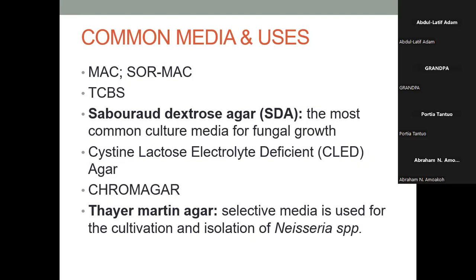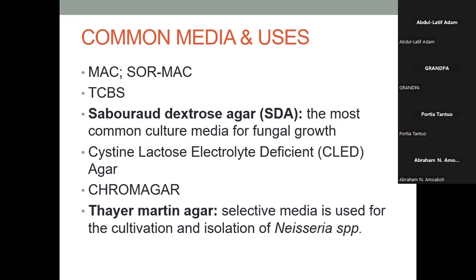Remember, you said that MacConkey will not support the growth of gram positives, and for that matter, strep and staph will not grow on MacConkey. Do you remember that? So if you use MacConkey alone for your urine, what if the urine is infected with staph? It means that you are going to get no bacterial growth. So it has to be supported with blood agar.